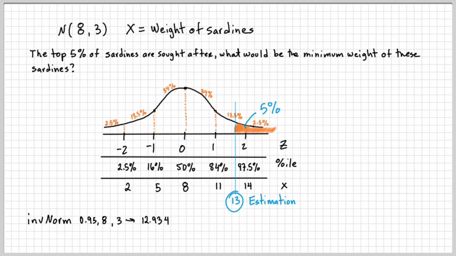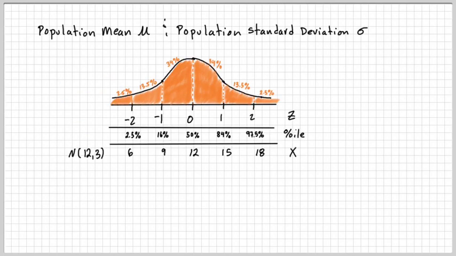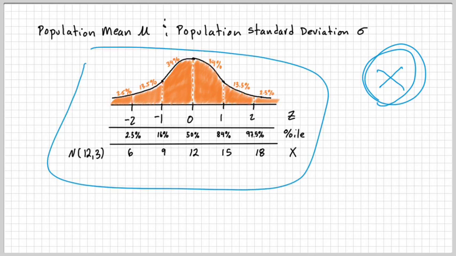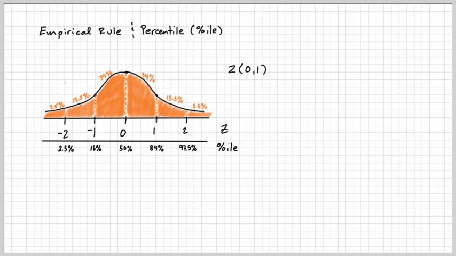So this is a lot of information for the inverse normal. The important thing is that the random variable x, which is the problem that you are studying, is somehow connected to this empirical rule, this percentile thing. Percentile and empirical rule are somehow connected to the random variable x.